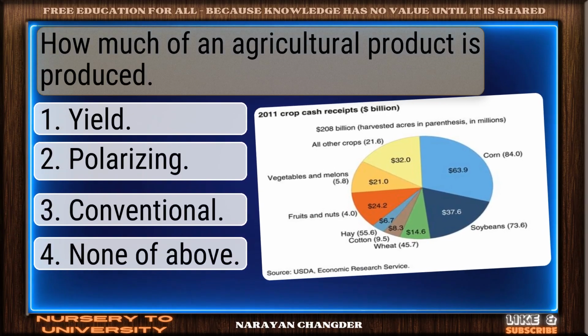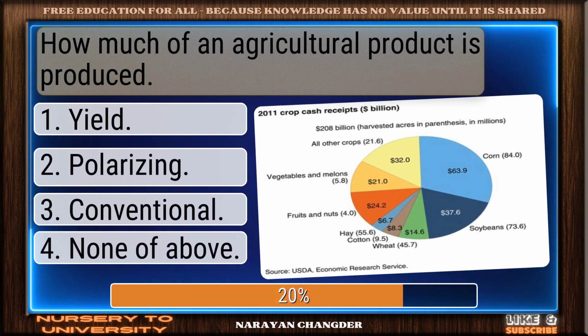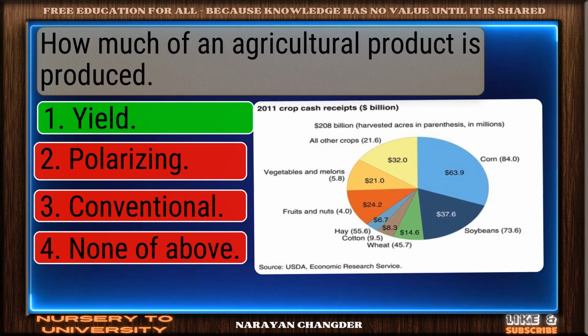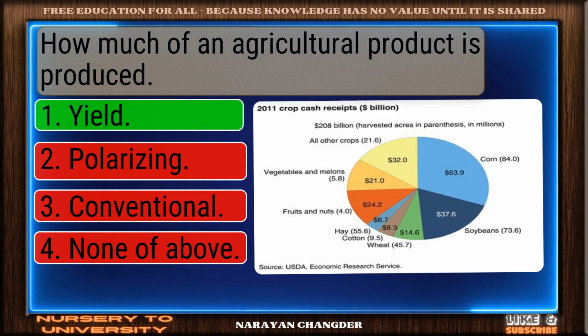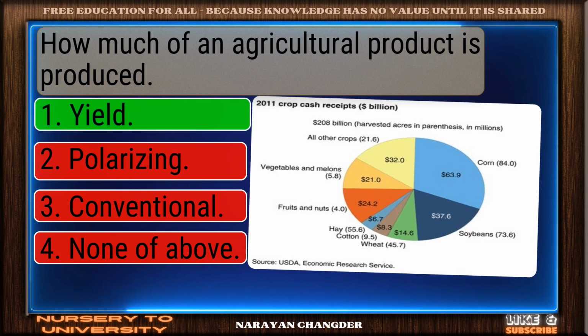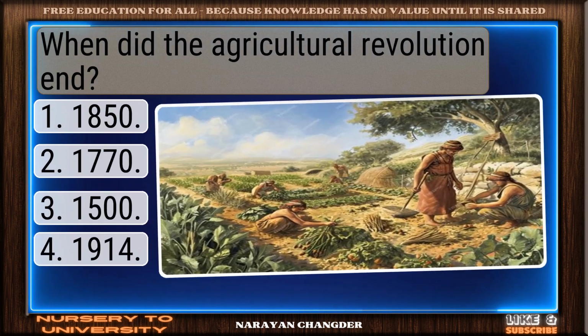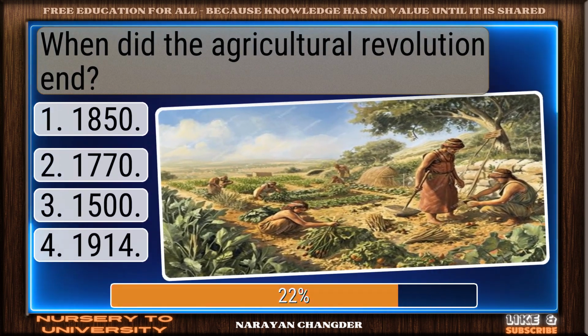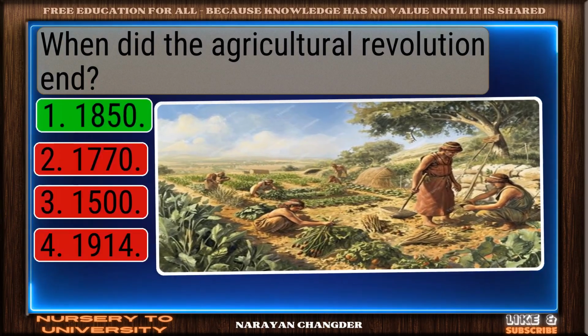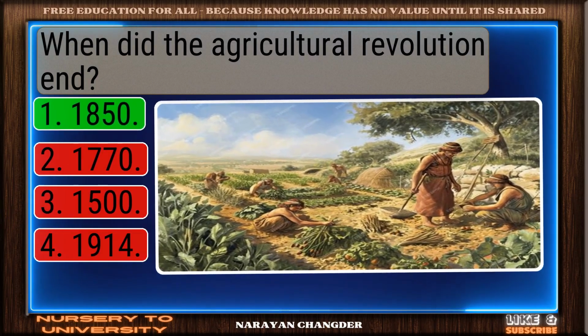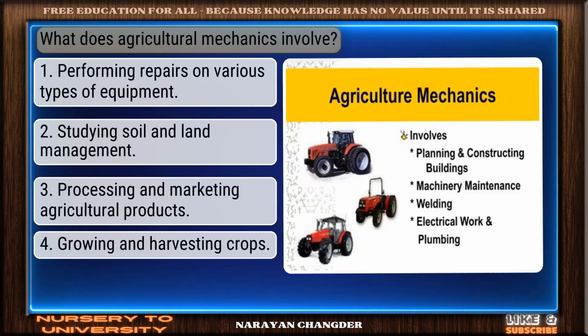How much of an agricultural product is produced? Strong choice. Yield is the right answer. When did the agricultural revolution end? Nicely done. 1850 is a solid answer.